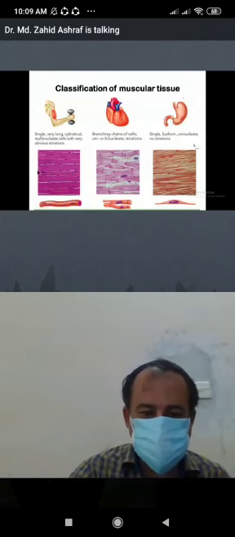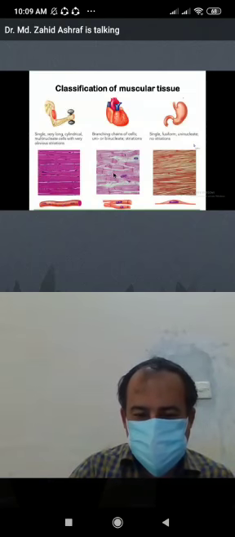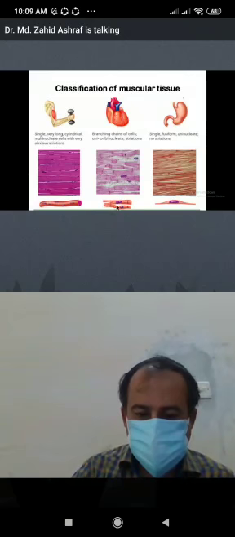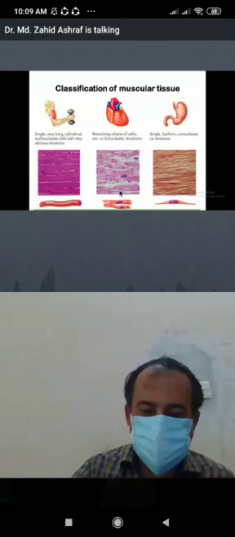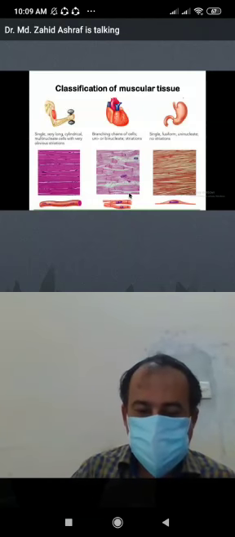In the case of cardiac muscle, these are single muscle fibers. They are elongated, but they have branching. In skeletal muscle, they have no branching. In cardiac muscle, there is branching and a single nucleus, and the nucleus is present centrally. In skeletal muscle, nuclei are present peripherally and they are multiple.